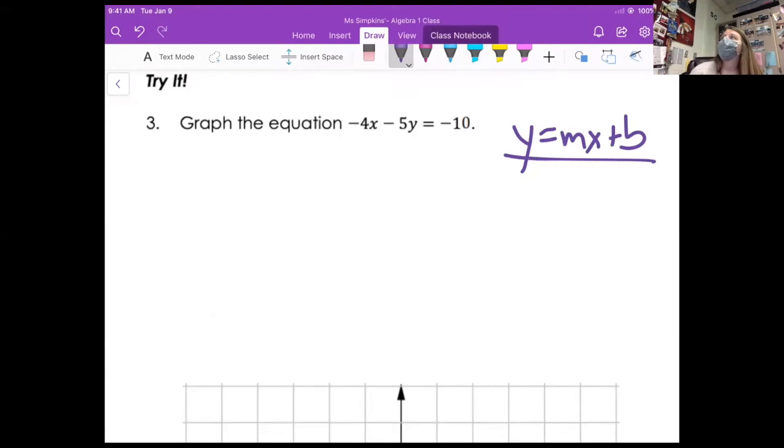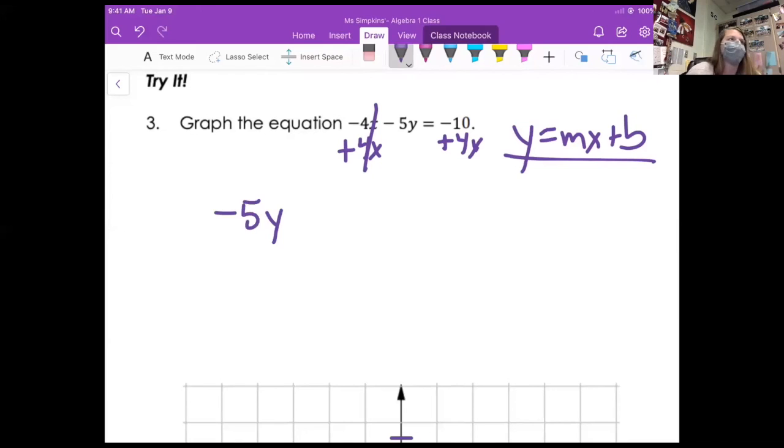Okay, so right now I'm not happy because y is not by itself. -10 is by itself. So right now y is being multiplied by -5, and it's being added, technically, by -4x. So what's the opposite of -4x? Positive. So you should have added 4x to both sides. So -4x plus 4x cancels, and you're left with -5y.